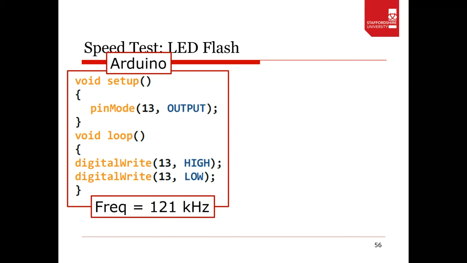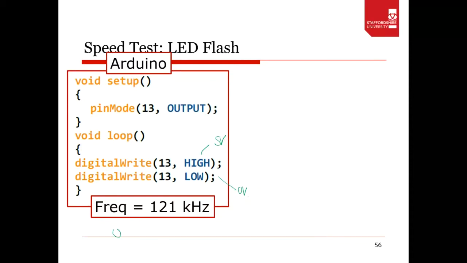So we're setting pin mode to output for the LED. Pin 13 has an automatic LED built in, correct? We could also connect an LED using a circuit, and we are sending a high, making it 5 volts, and then making it 0 volts. And we're doing this as quickly as we can.